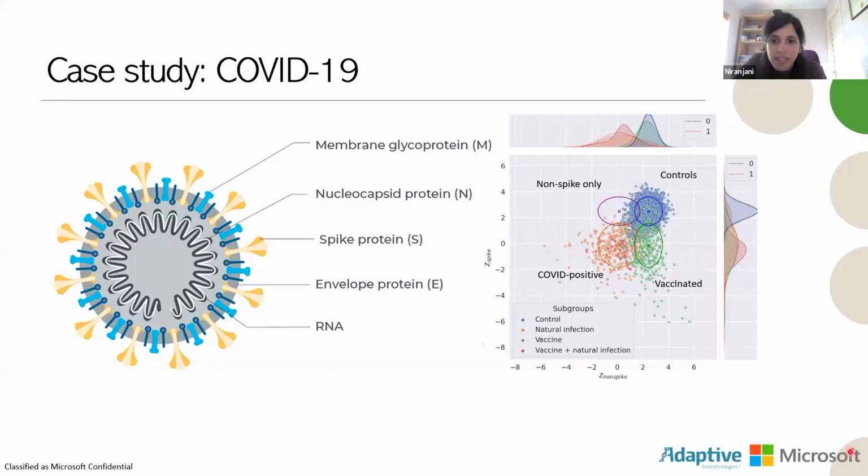So, for example, you can see that controls here are at the top, and as you navigate along Z spike, along the y-axis, we see vaccinated individuals, where we have activation of just the spike response. As we move across the x-axis along Z non-spike, we now see samples of natural infection, so both spike and non-spike. The top right here corresponds to non-spike only samples, which obviously we don't observe in practice.